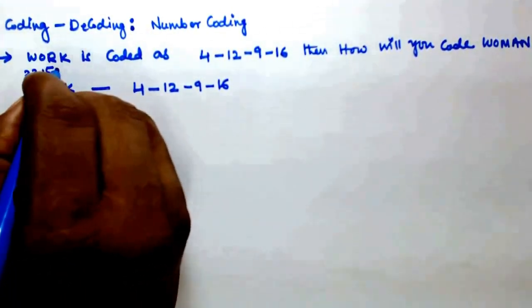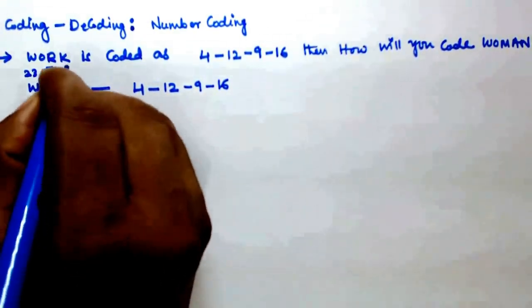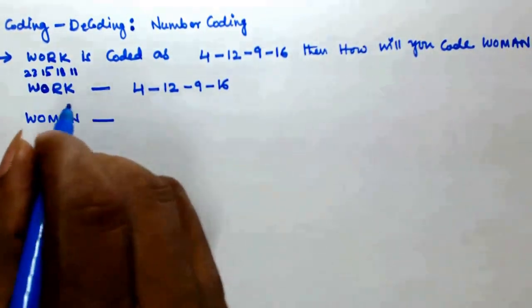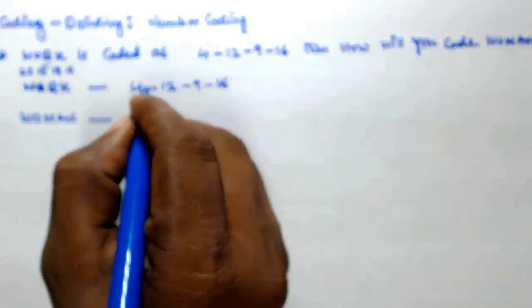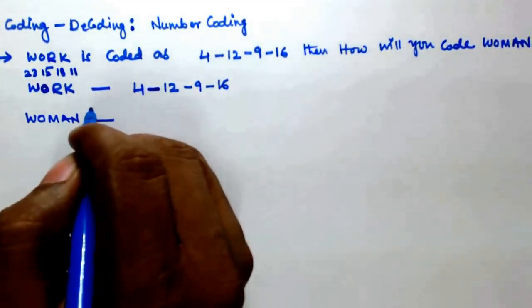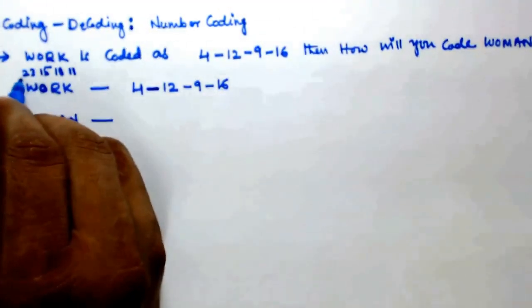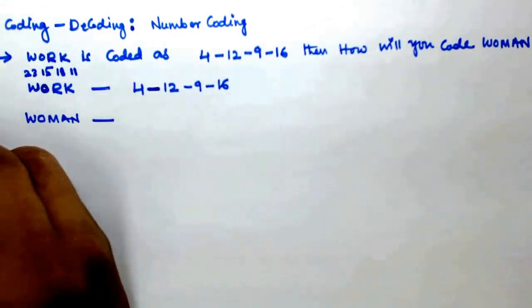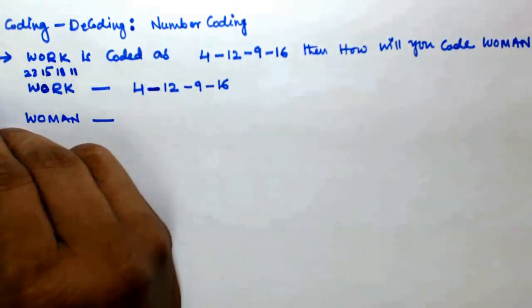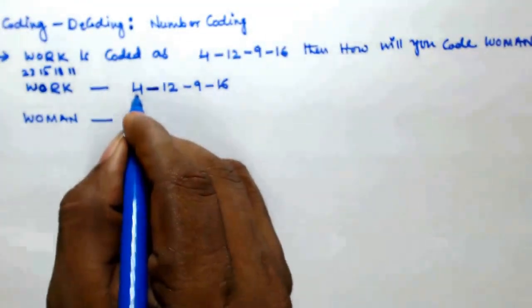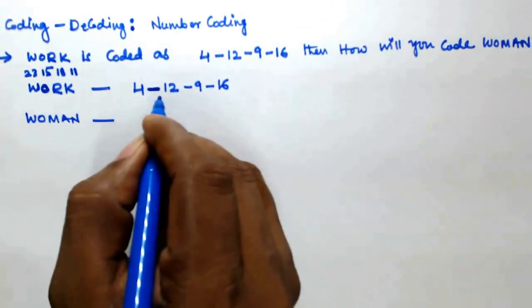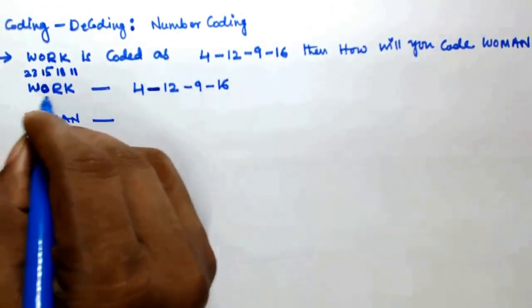R is at the 18th position, and K is at the 11th position. So if you observe the code, W is 23 from the alphabetical order, and O is 15 from the alphabetical order. But 4, 12, 9, 16 are actually the reverse alphabetical order of W, O, R, K.